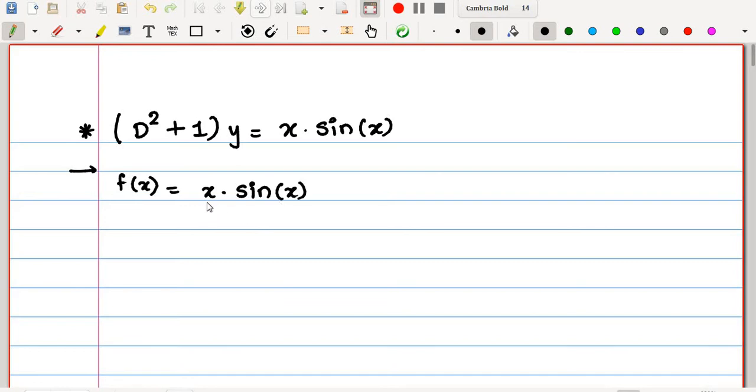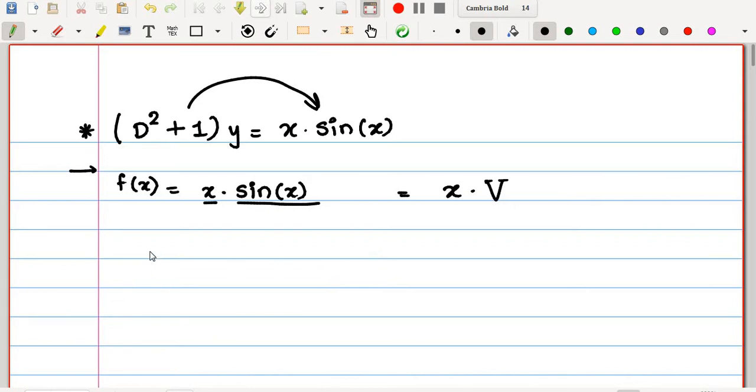So if we recall, f of x is in the form of x into V. So there is one shortcut formula. The auxiliary equation must be operated on the function V first. If it is a case of failure, then we are not going to apply that specific formula.